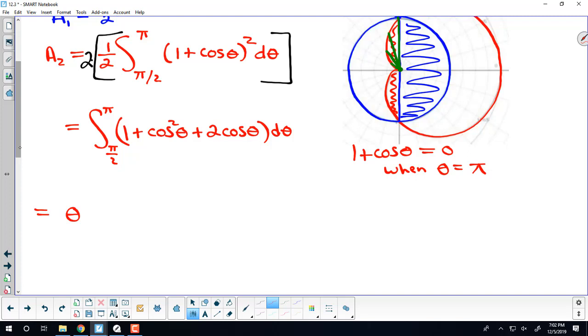We have 1 plus cosine squared, 2 times pi. So then this one is going to be 1/2 theta plus 1/4 sine 2 theta for cosine squared, and then we've got 2 sine theta from pi over 2 to pi.